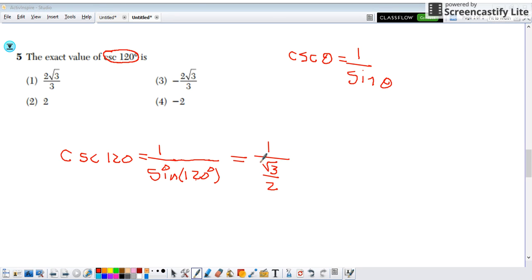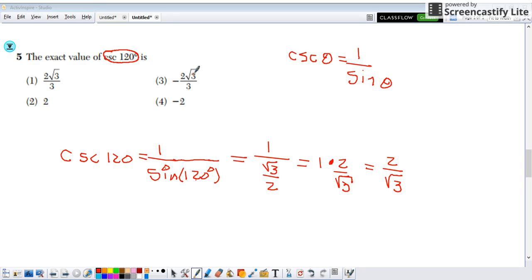Now this fraction, you can always rewrite a fractional denominator by multiplying by the reciprocal of the denominator, which means that this whole expression is the same as 1 times the reciprocal of the denominator, which is going to be 2 over square root of 3.